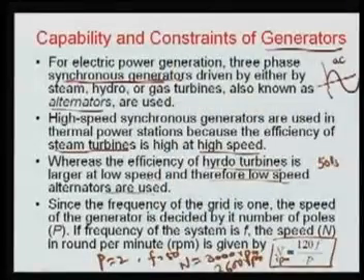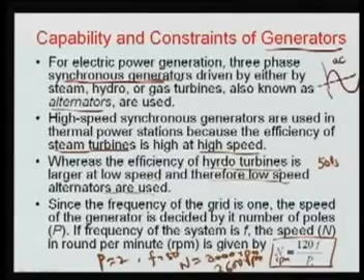In India it is a 50 Hertz supply, and in Asian as well as European countries the system supply frequency is 50 Hertz. So the maximum speed of any alternator will be 3000 RPM. It is related by the equation that the speed in RPM is 120 F divided by P, where P is the number of poles, F is the frequency, and 120 is a constant multiplier.